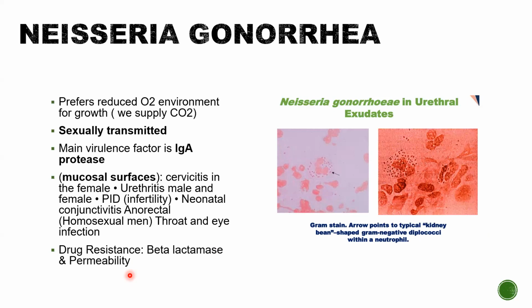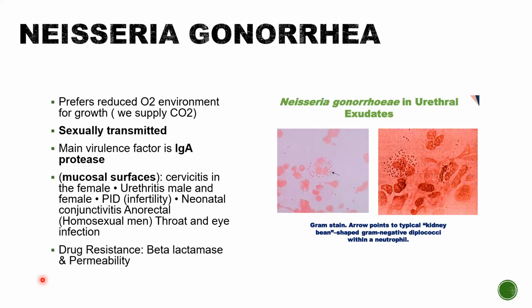So if we're reducing permeability, the antibiotic is not able to reach this microorganism and kill it. So this creates drug resistance. The organism becomes resistant to this drug because it reduces its permeability. Is that clear? Okay, no problem.